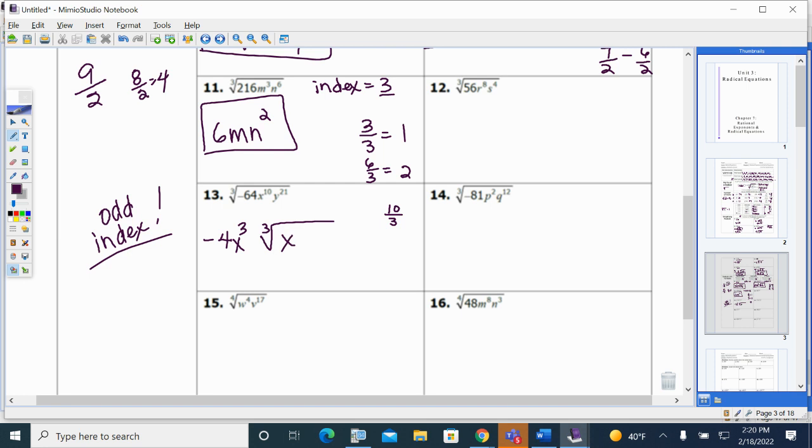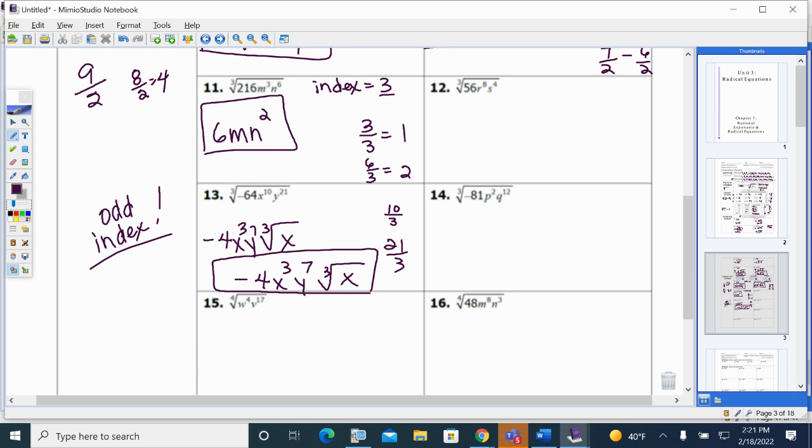Y to the 21st power, 21 divided by 3 goes evenly. And it's a 7. So I'll have y to the 7th. And then my radical, the only thing underneath my radical is that x. So the answer for number 13, I don't like how that looks, will be a -4 x to the third y to the 7th times the cube root of x.